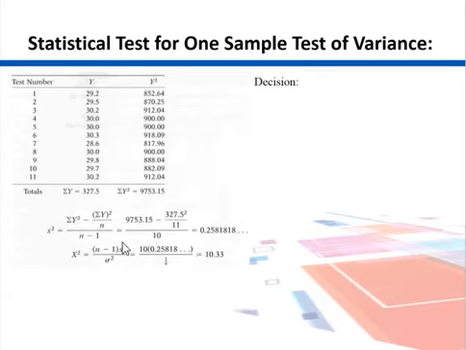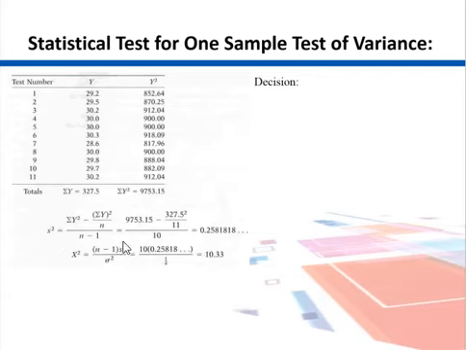Then we do the test statistic. Here again we see this machine formula. Let me elaborate: the observations are the y's, and this is the sum of y's. Then we take the squares of these numbers and the sum of squares, which is 9753.15, and put it into this formula.